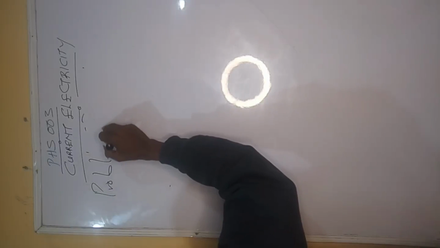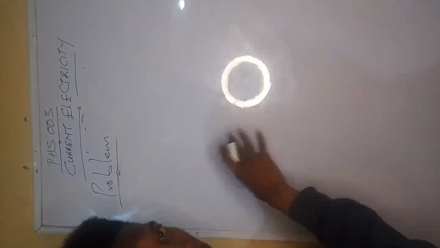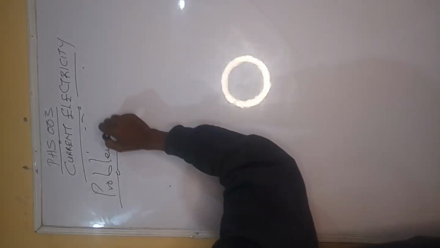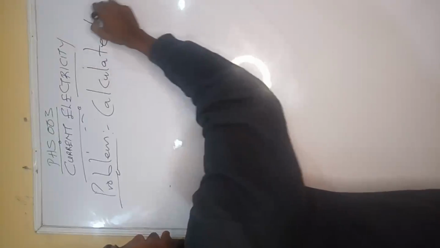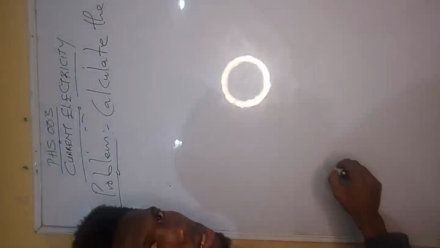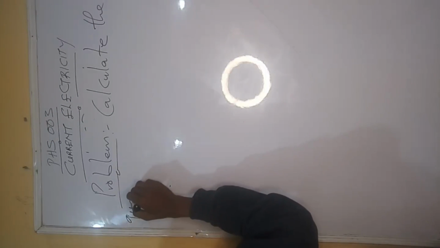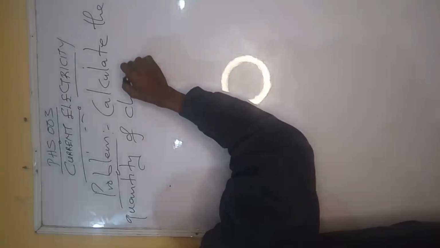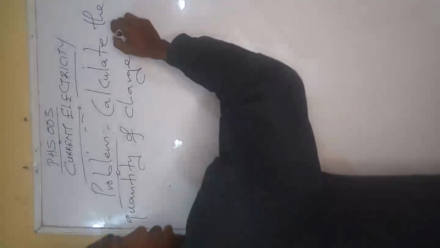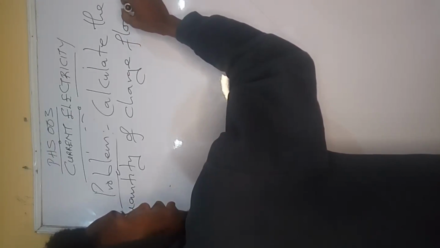That's our first problem for the night. I'm just solving only one problem for this aspect because this is basic knowledge. Calculate the quantity of charge flowing through a conductor. That will be the question.